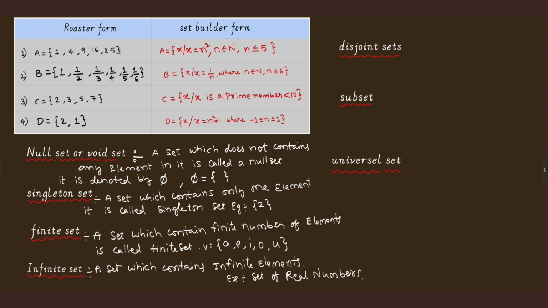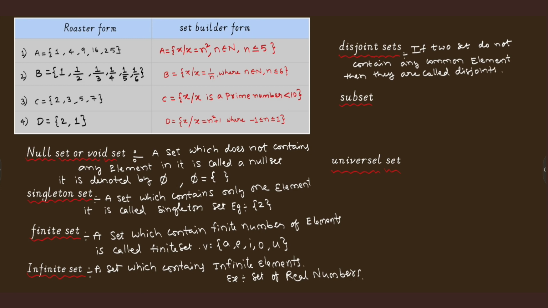And what do you mean by disjoint sets? Two or more sets that do not contain any common elements are called disjoint sets.